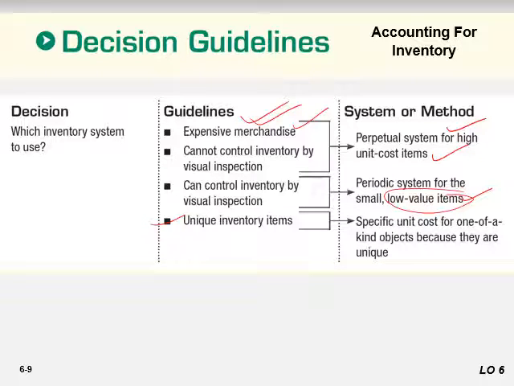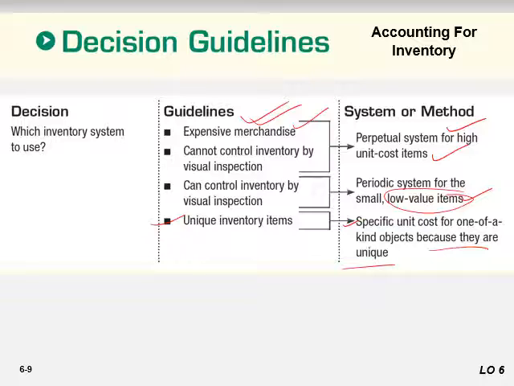When there are unique inventory items, you can use specific unit costs, for one of a kind objects. For example, building cost. Every building is unique, and its cost is unique. You can easily find that unique cost, which makes its inventory cost unique as well.